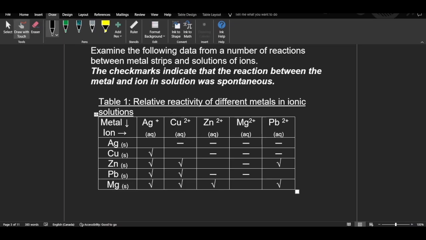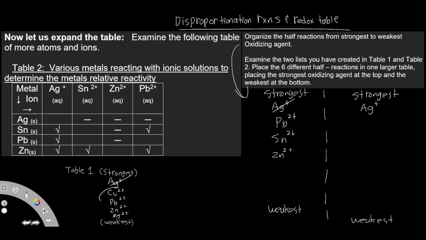Well, as you can see in this table, right, table number 1, this Cu2+, if paired with a Pb in a compound, it can absolutely displace it, which means the Cu2+ is actually stronger than the Pb. So we can put this Cu2+, we can cross it off. It's not here on this side, so that's fine, but we have to add it as the second strongest, okay? Then we can add our Pb2+'s. Okay, so now this one and this one is gone.